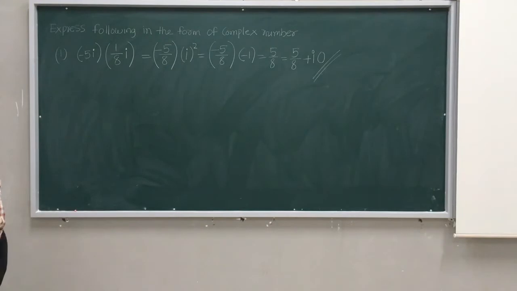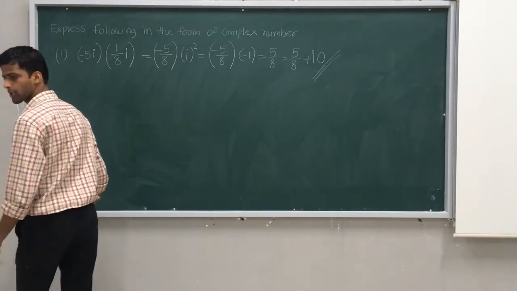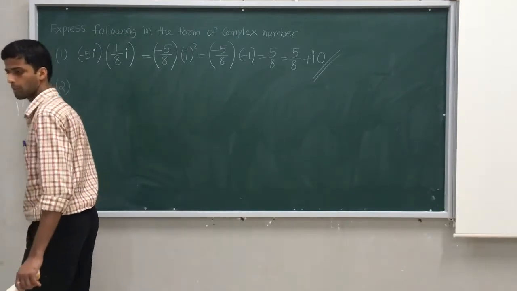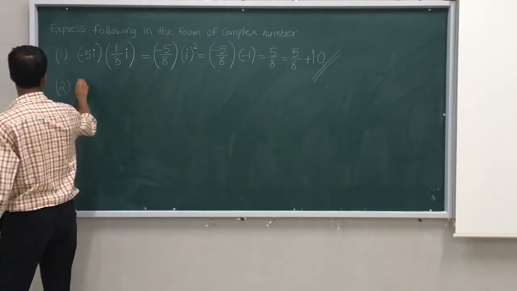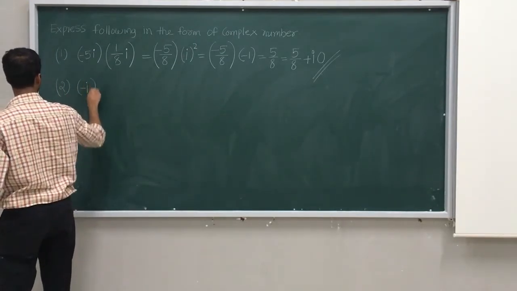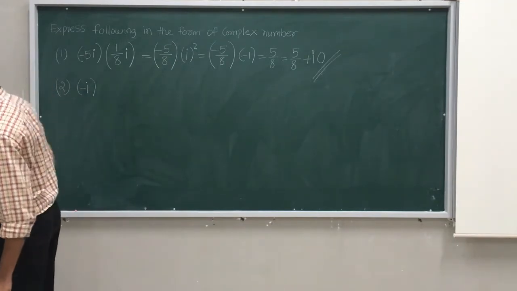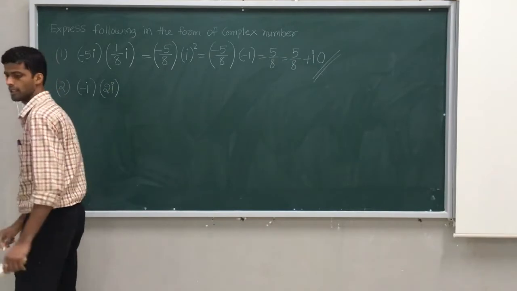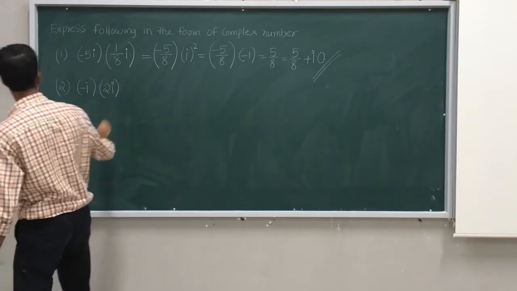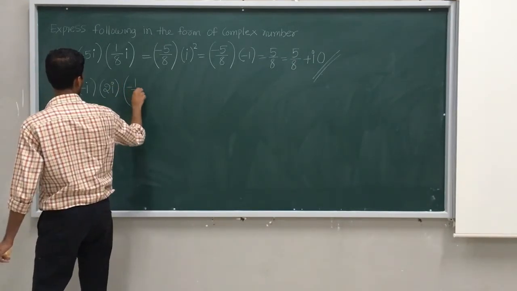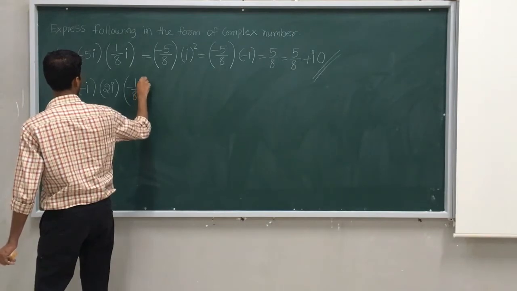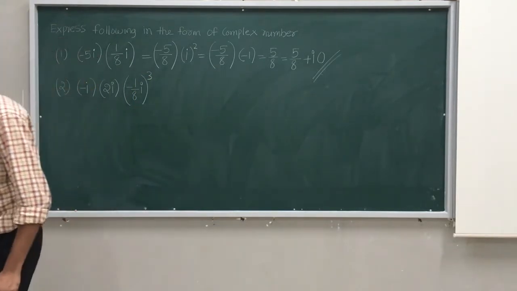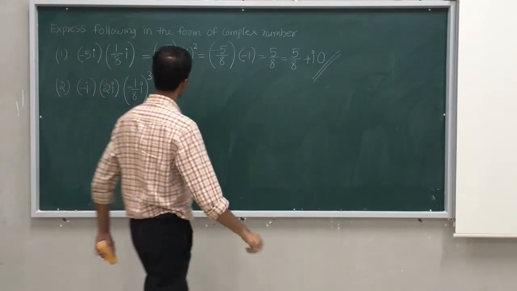Let's move on to the next question. The second question they expect me to express as a complex number is minus i into 2i, into minus 1 by 8 i, that is minus 1 by 8 times i cube.